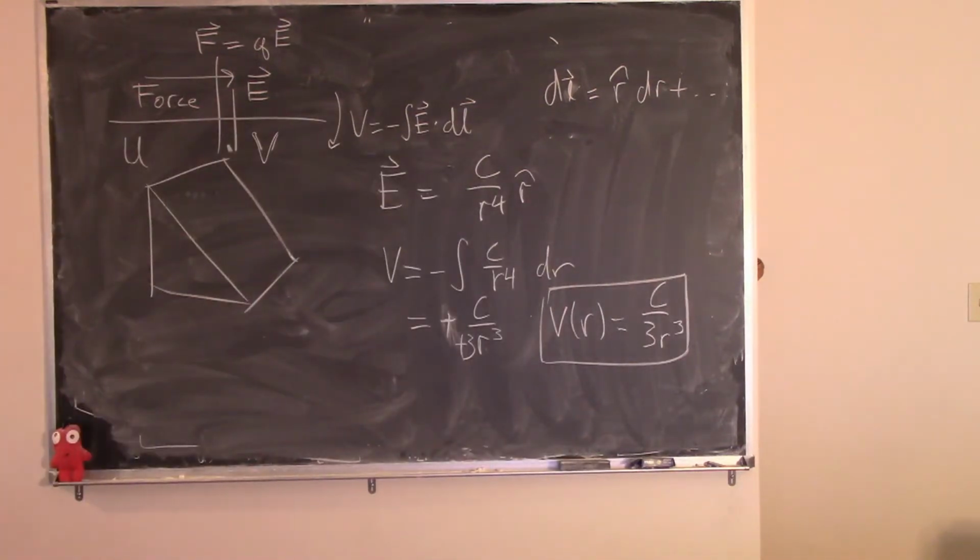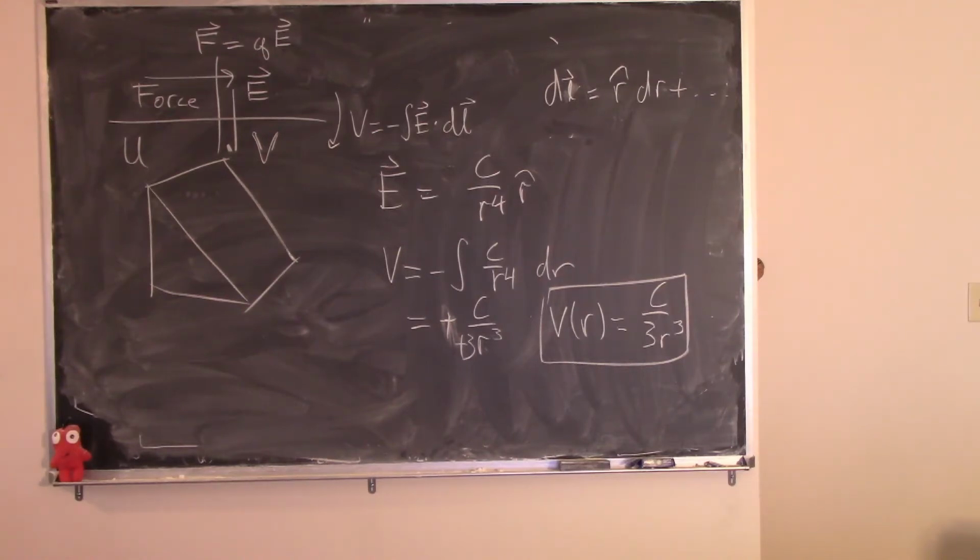Now, that was the first part. The second part is, from this electric potential function, find the x and y components of the electric field at any point x, y.